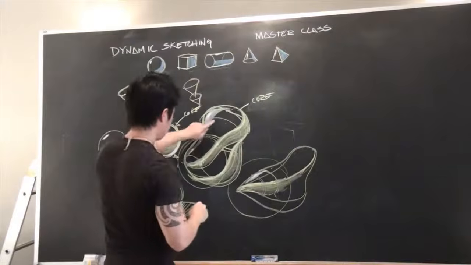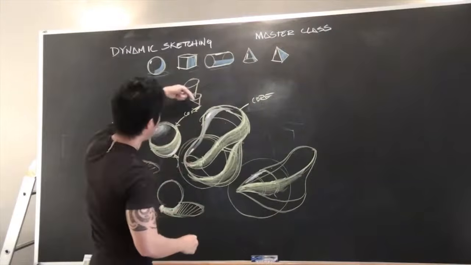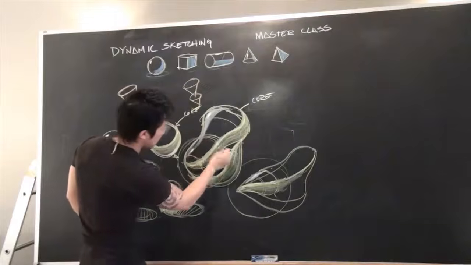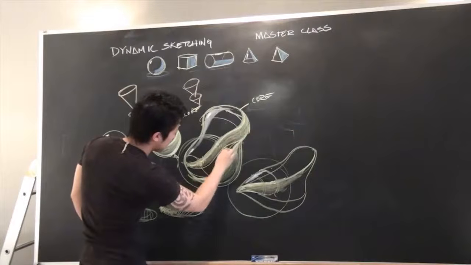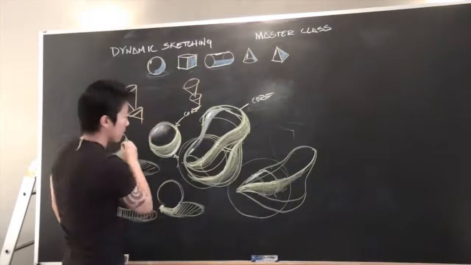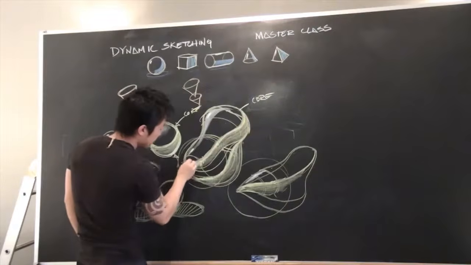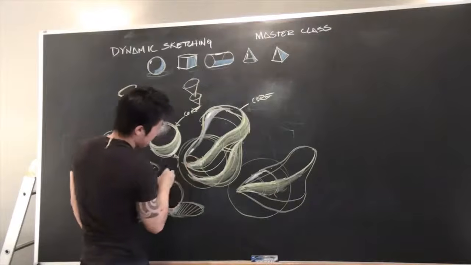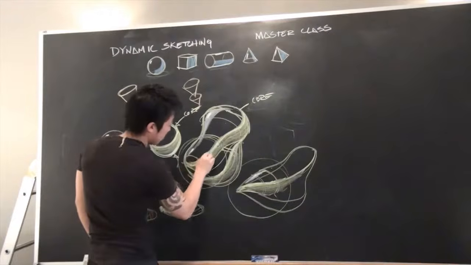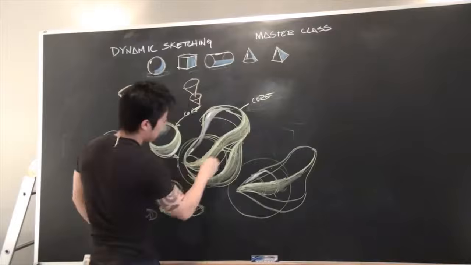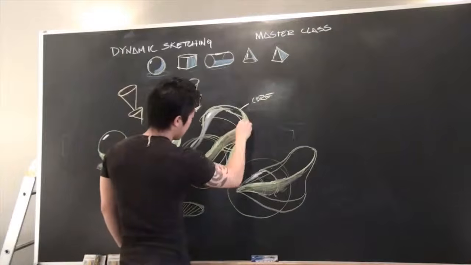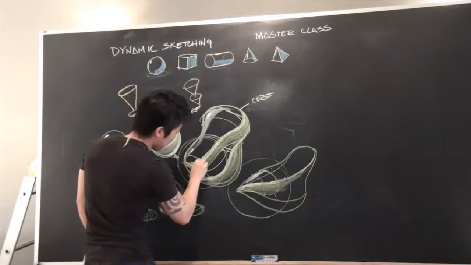So even these shapes in themselves have cast shadows. Light's coming in this direction, there's a form shadow. That means there's a cast shadow being cast right on top of it. Now your form shadows are soft, which means you can start to crosshatch and be a little bit more free form with your line work. So they can follow your contours and then also crosshatch in many different directions.